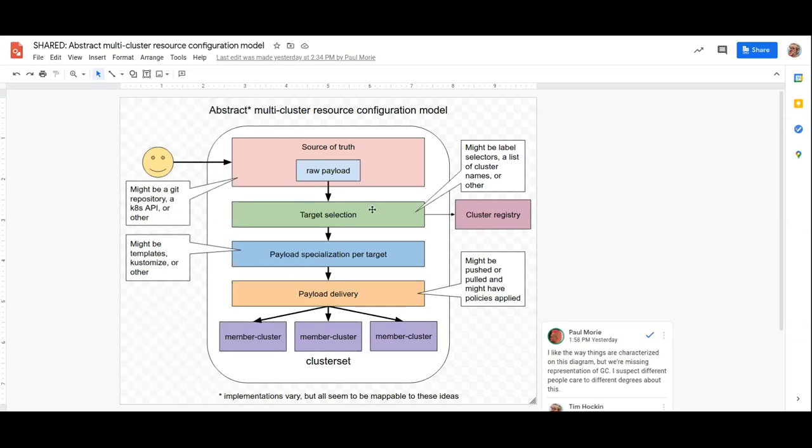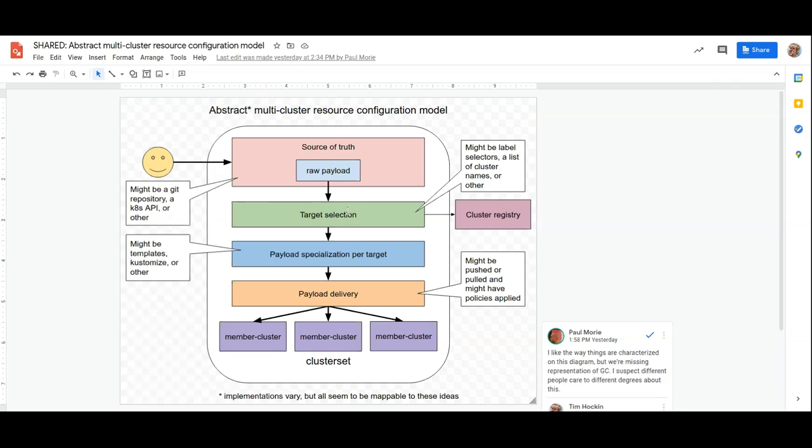In the Karmada point of view, that would be a Kubernetes API server, or in Federation, a Kubernetes API server that you load some YAML or resource definition into. If you squint, this is the work API, and everything else fits into the same pattern. So we load some payload into the source of truth.